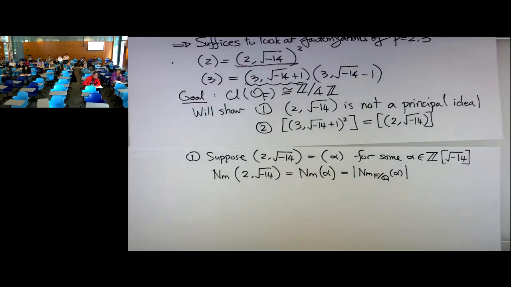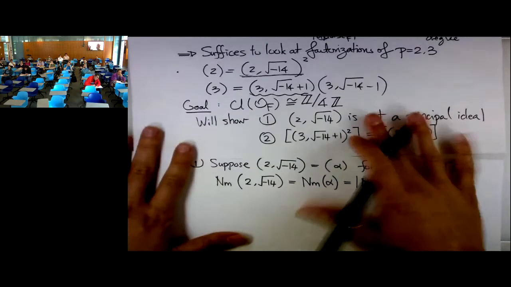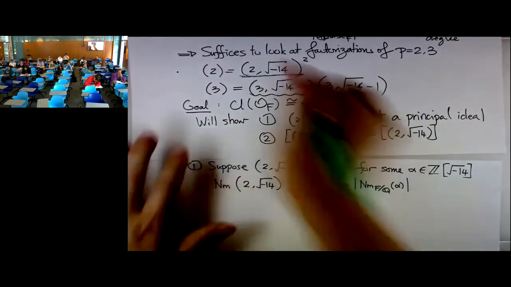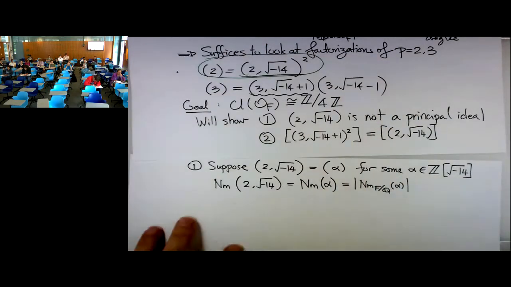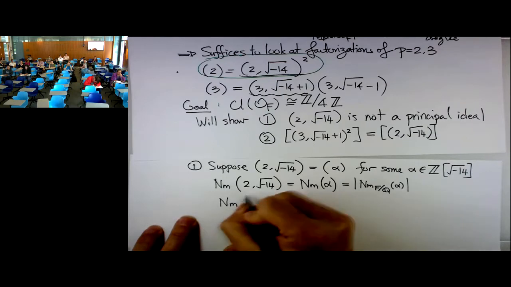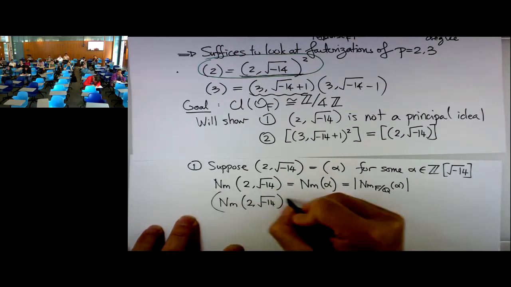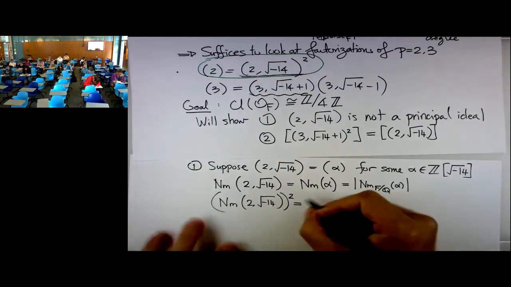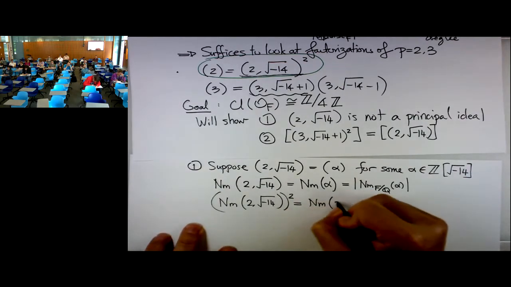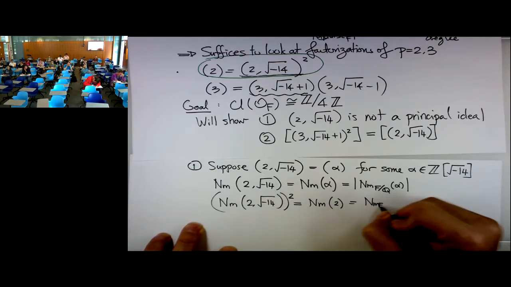Now I have to explain what the norm of the first ideal, (2, root of negative 14), is. You can see this from the factorization. The norm of (2, root of -14), if you square that, remember the norm is multiplicative, is the same as the norm of the ideal generated by 2. That's just the norm of the number 2.